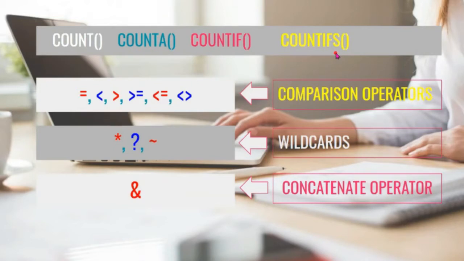One thing you have to remember is that these symbols are independent from these functions, in the sense that you can use these symbols not only with these functions but also with some other functions. For example, in the last video, you learned about the SUMIF and SUMIFS functions.